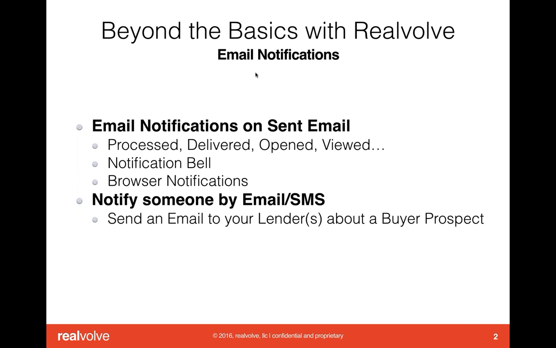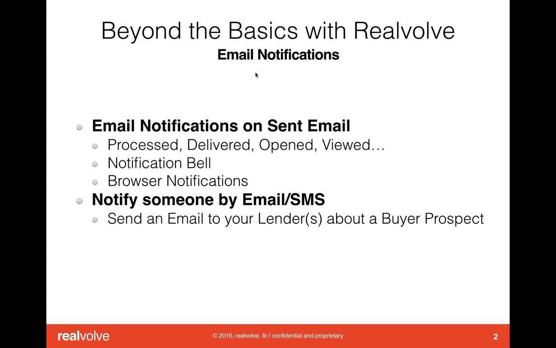My intent was to talk about the notification piece that deals with whenever you send out an email. It goes through different notification processes, the process, the delivered, the open, the viewed. And I want to cover that along with the notification bell that's in the screen, as well as the notification browser. And those are kind of the important parts and why you need to know what's happening in those.